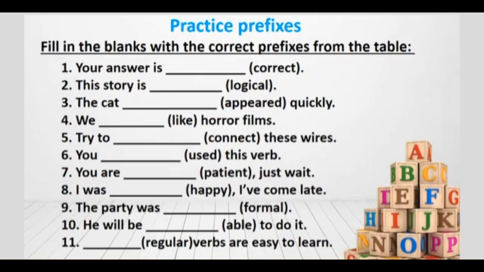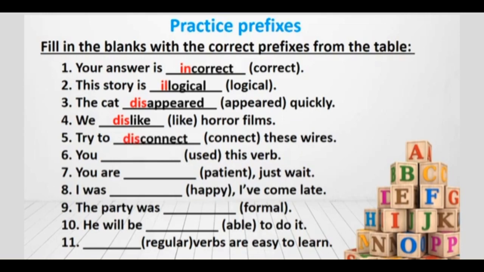Take some time and answer this exercise. Okay? Now, number 1, your answer is incorrect. Number 2, this story is illogical. Number 3, the cat disappeared quickly. Number 4, we dislike horror films. Number 5, try to disconnect these wires.